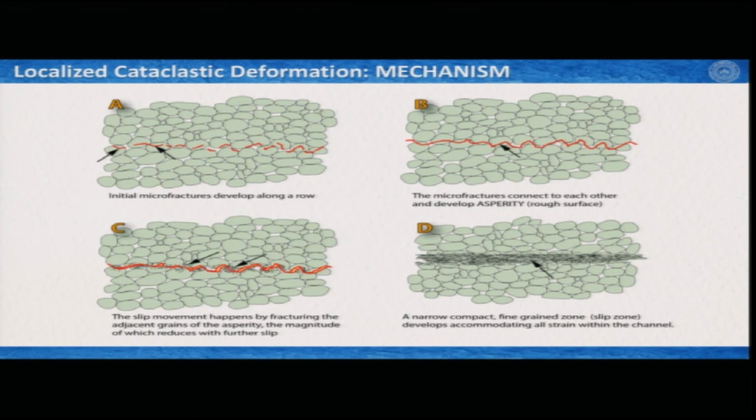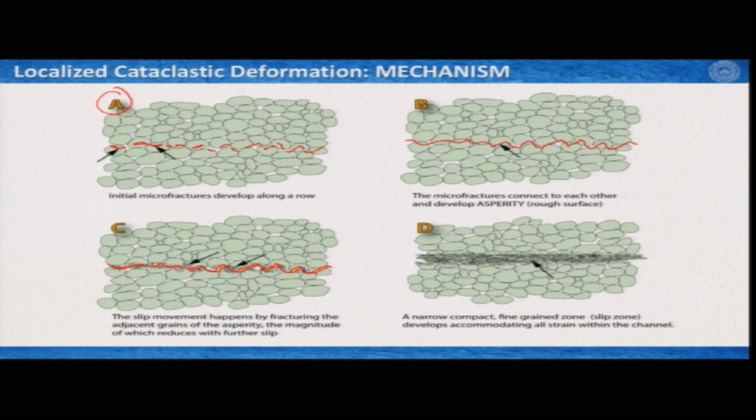So, if we try to figure out the different processes, how it happens, here is an illustration of the different processes that we can think of. I have given 4 illustrations here, and this is mostly applicable for frictional flow. In the first image, which is A, we have an arrangement of grains with some porosities which are white here, and these red areas are some tiny little fractures that developed due to application of some sort of deformation.